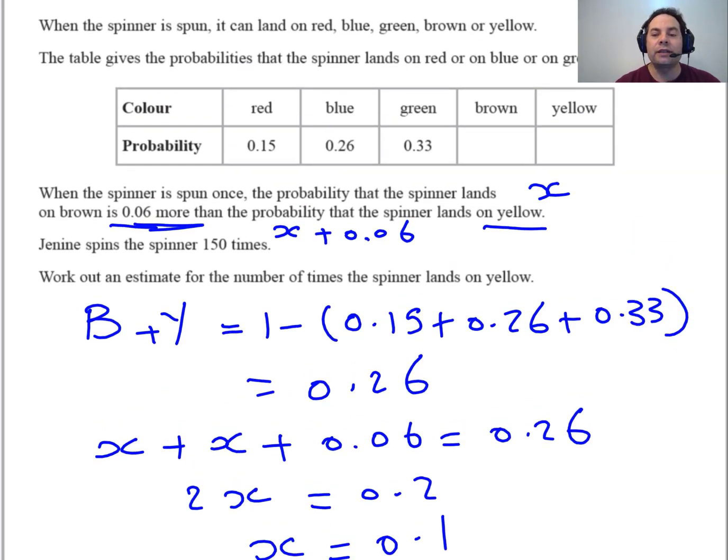So the yellow is 0.1. And brown is 0.06 more than X, which is written here as X plus 0.06. If you add 0.1 plus 0.06, the answer is 0.16.